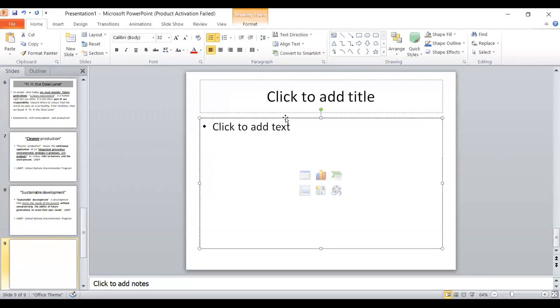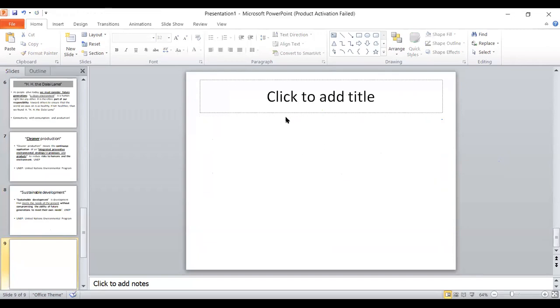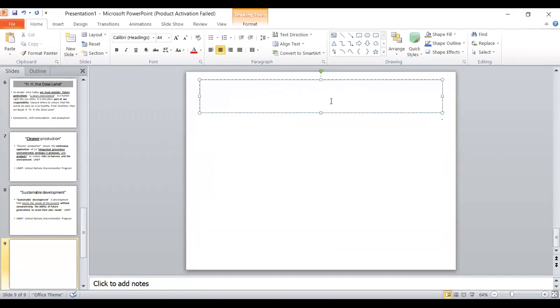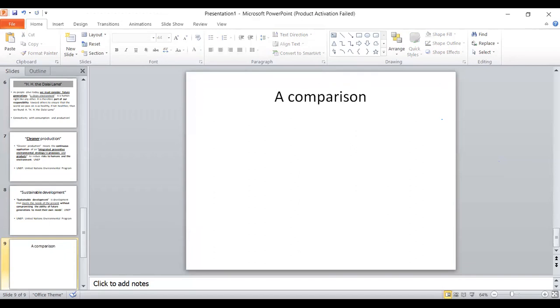Okay, see, a comparison. There is a little noise behind, so it is very difficult to control that.